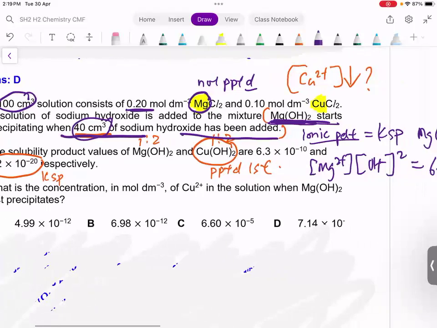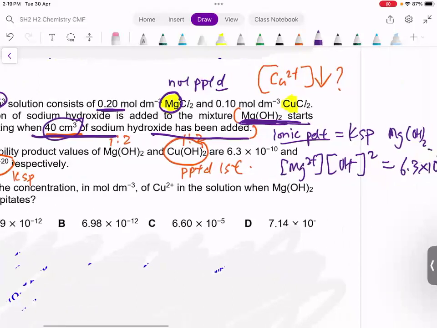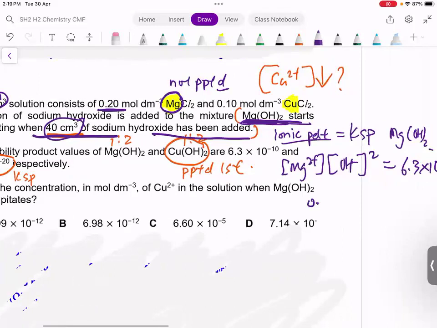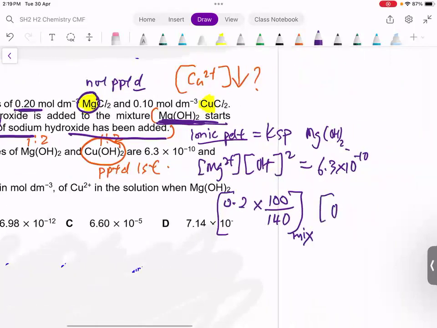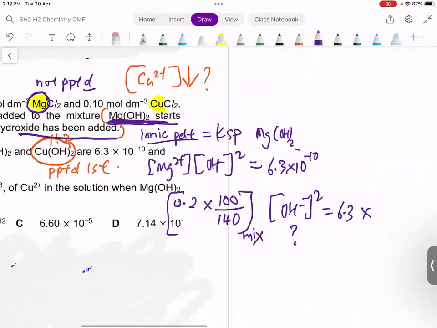You need to consider dilution. So 0.2 times 100 divided by 140. This will be the new concentration of magnesium 2 plus upon mixing. Then you can calculate hydroxide squared, unknown, and equate it to your corresponding Ksp value.